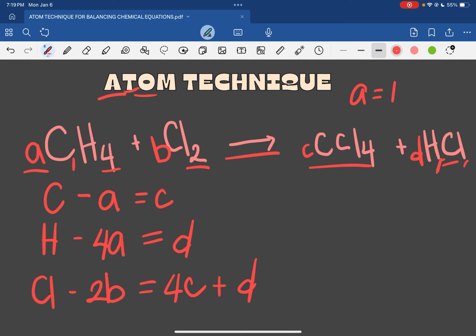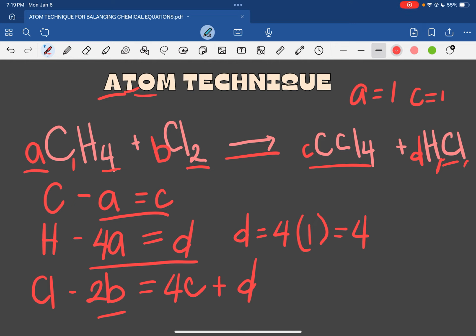So let's say A is equal to 1, then we can immediately tell that C is equal to 1 as well. And we can also get the value of D in here by substituting A with 1 in the expression. So 4 times 1, the value of D will become 4.